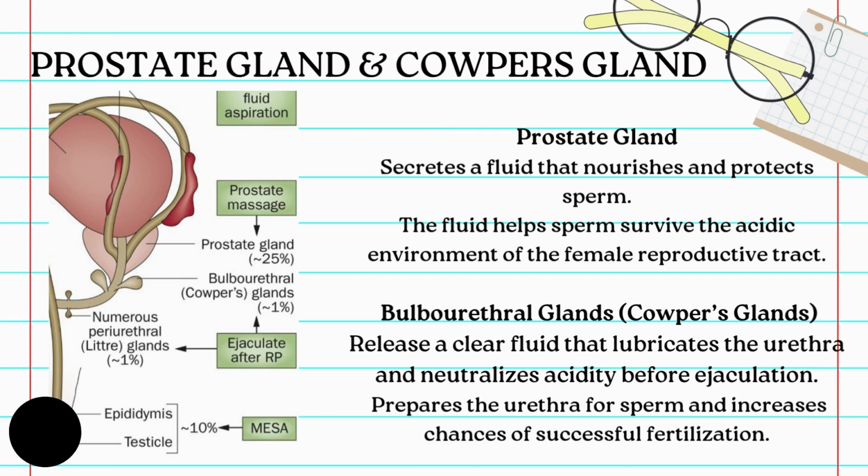So this lubricant helps, since the male only uses one pathway to release the urine and to also release sperm. Unlike us females, we have our birth canal and we also have our clitoris.